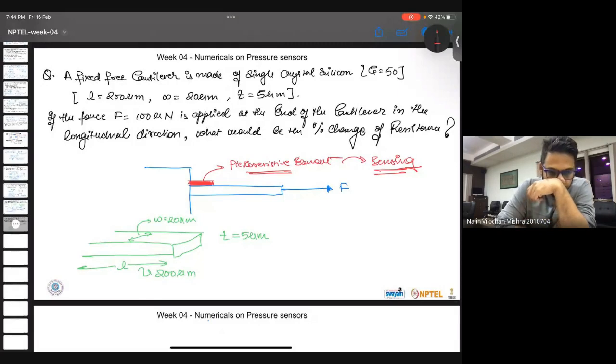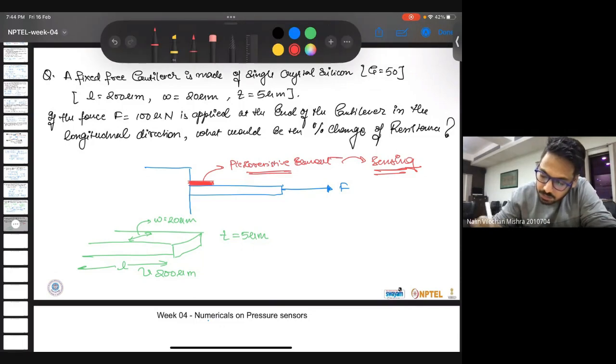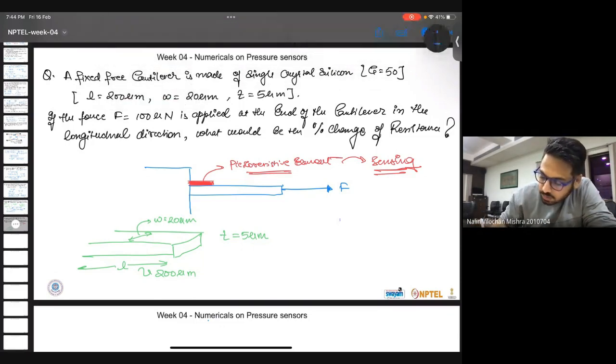Anyone got the value of at least strain? How can you calculate strain? Or the value of stress? Stress is force by area. How much area are you getting? Area is nothing but, okay. So first, you need to calculate force by area.